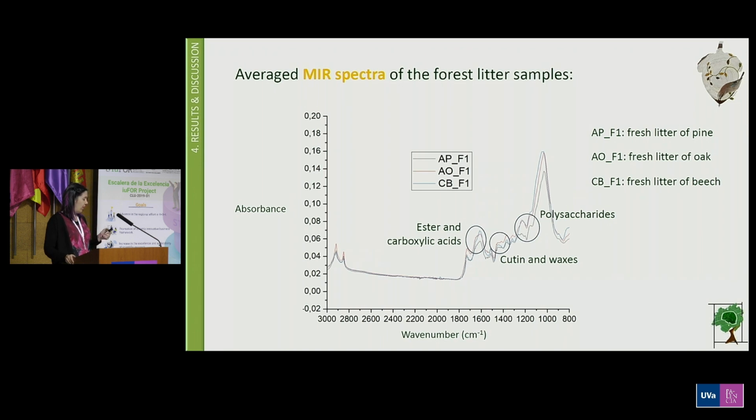This is one of the spectra that we get from our results. This is for fresh litter, so the undecomposed layer from all the three species that you can see here. And as we can see, the spectra is more or less the same for all the three species, but we have 3 points where the fresh litter of these three species differ.